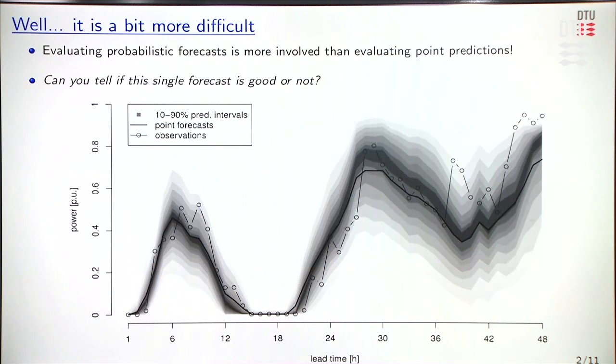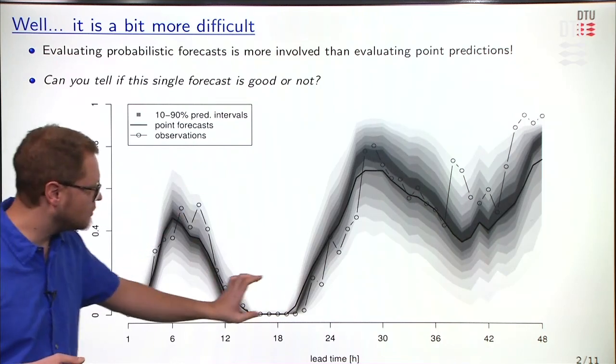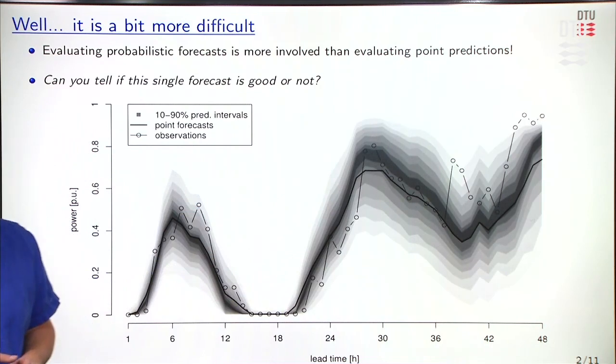Looking at this single plot, can you tell whether this forecast is good or not? Actually, you may infer from previous assessment of the point forecast in a similar way. The trends seem to be right. So the probabilistic forecasts seem to follow what actually happened, and a good sign is that the observation seems to be within the various envelopes most of the time, at least for the widest one.